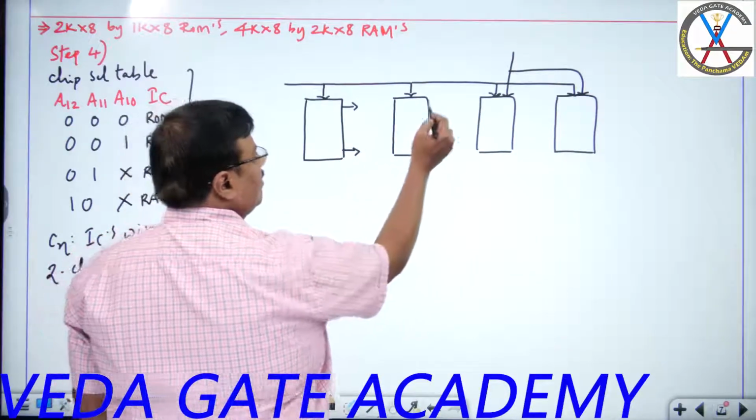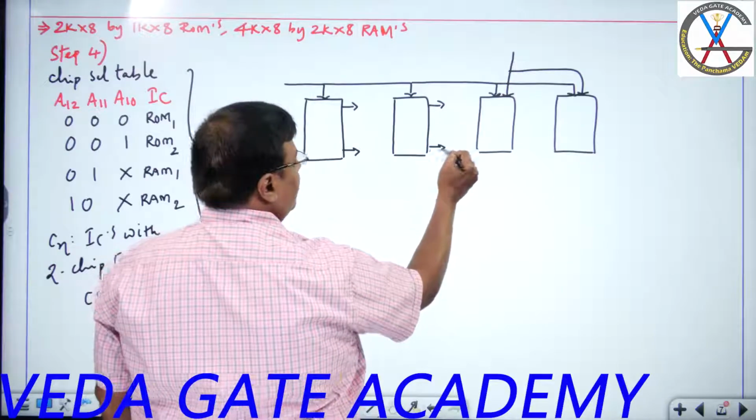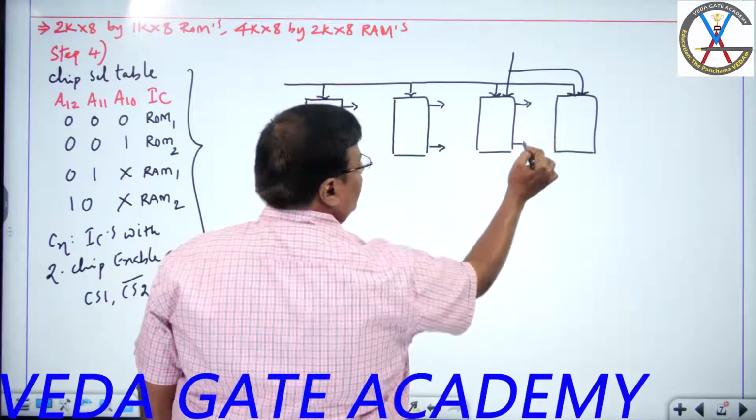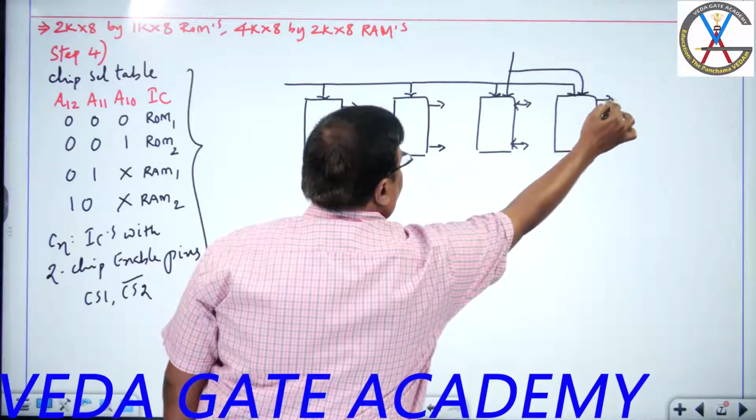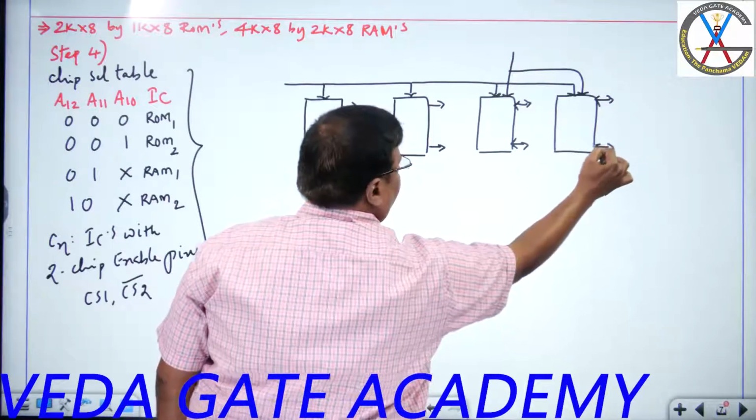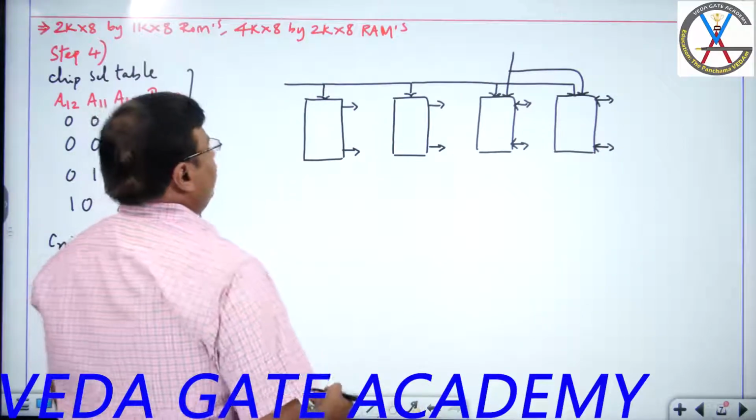Data lines are bidirectional because of RAM.